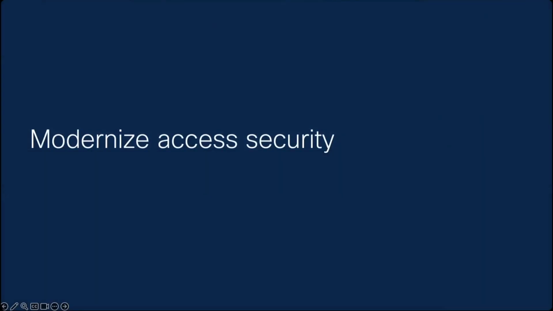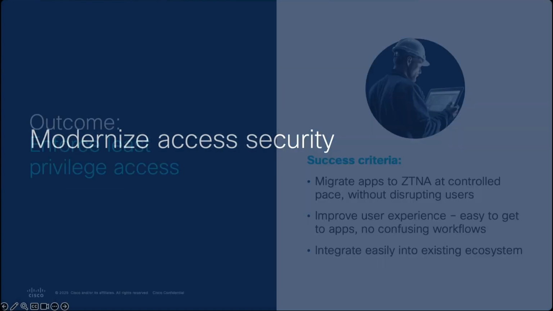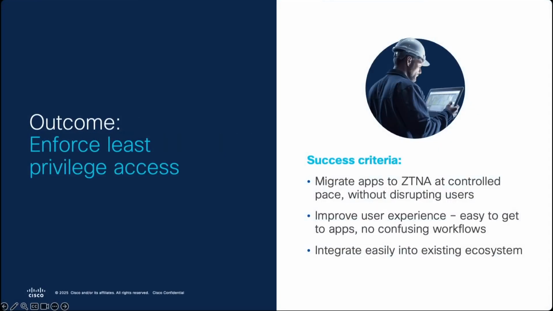So let's jump into our first outcome, which is around modernizing access security. The outcome that we're looking for within this key pillar is around how we enforce least privilege access. Enforcing least privilege access with ZTNA, or zero trust network access, is a key aspect within the zero trust architecture.